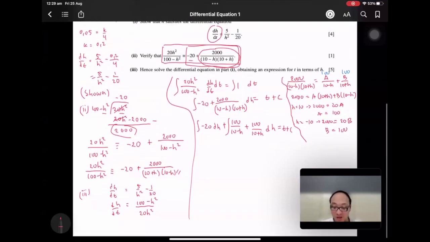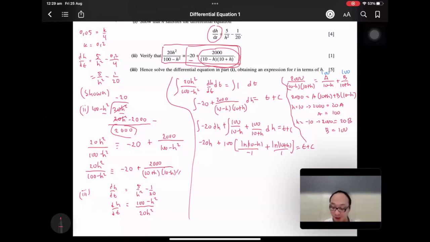So in this case, I will have negative 20h plus 100 of ln of 10 minus h divided by negative 1, plus ln of 10 plus h divided by 1, equals t plus c.